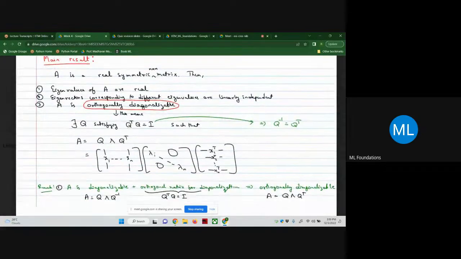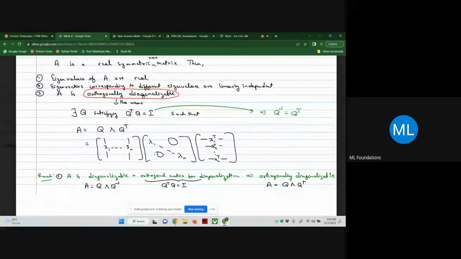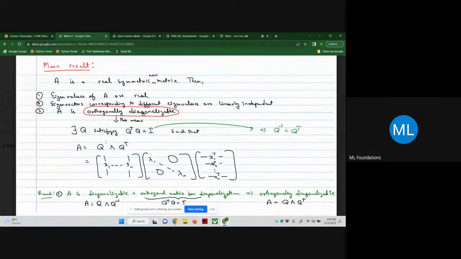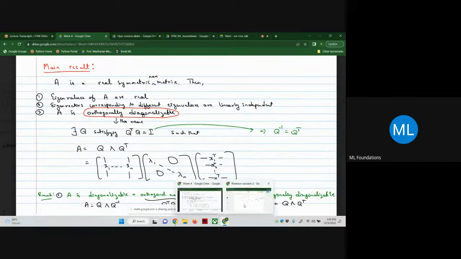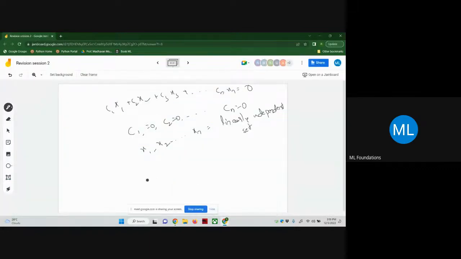So for orthogonal diagonalization, as I told you, a matrix A can be diagonalizable if it has distinct eigenvalues.